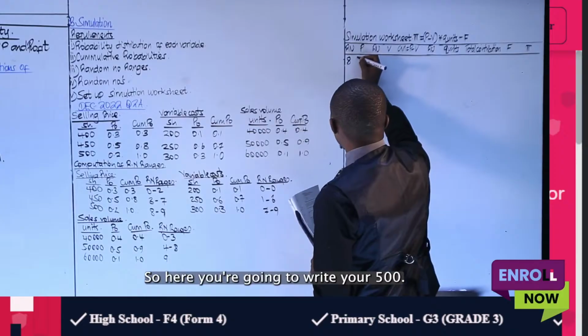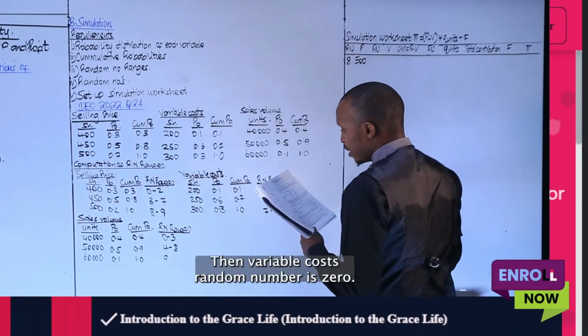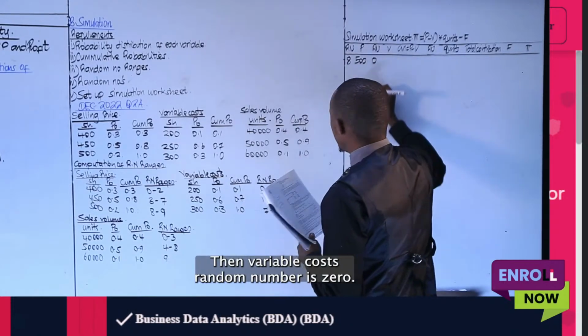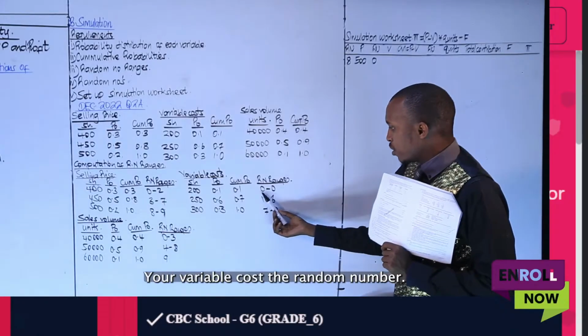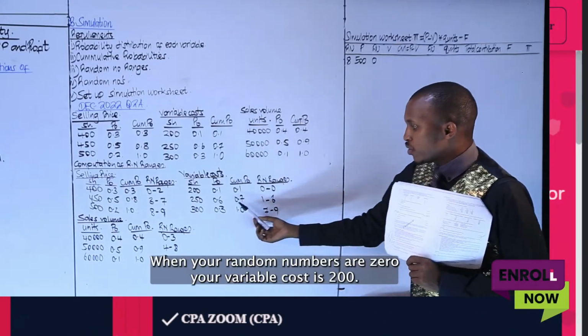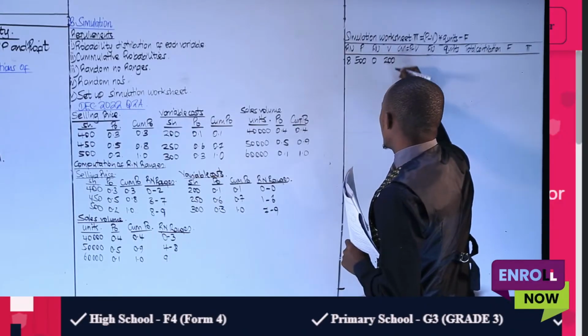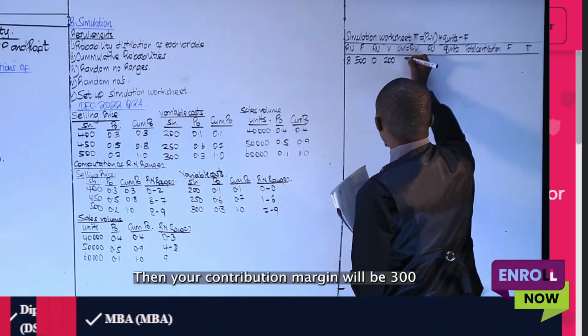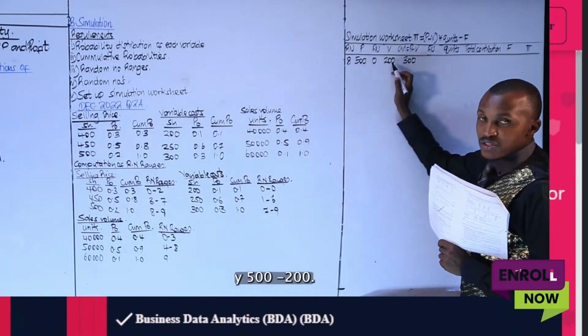So here you write 500. Then the variable cost random number is 0, and when your random number is 0, your variable cost is 200. Then your contribution margin will be 300, because 500 minus 200.